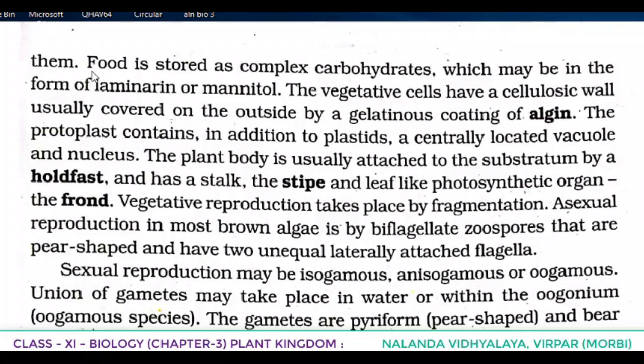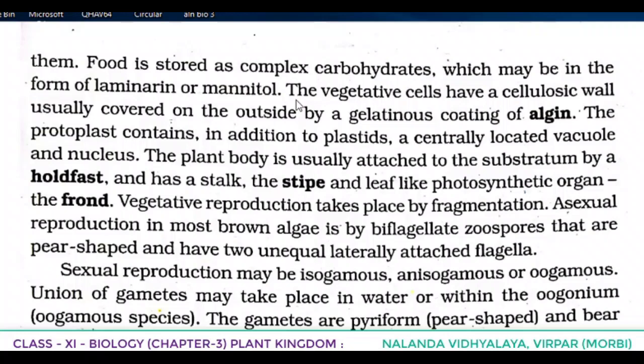And the next point is food, in which form it is stored. Food is stored as complex carbohydrates, which may be in the form of laminarin or mannitol. In the case of Chlorophyceae, we told that they store food in the form of starch.